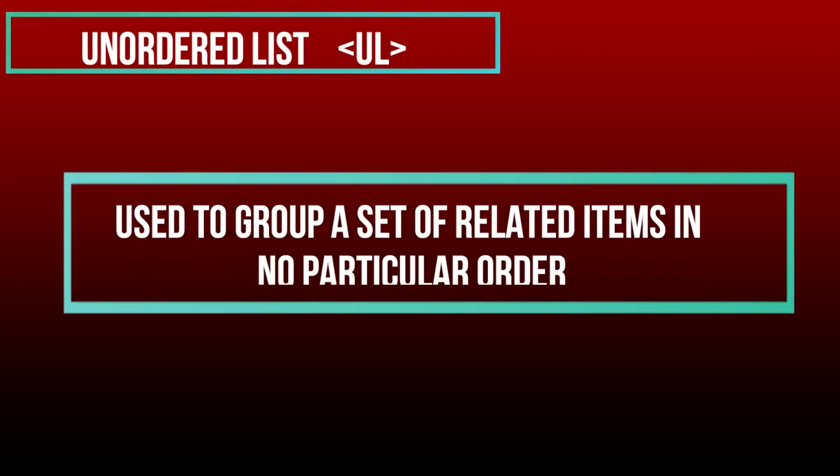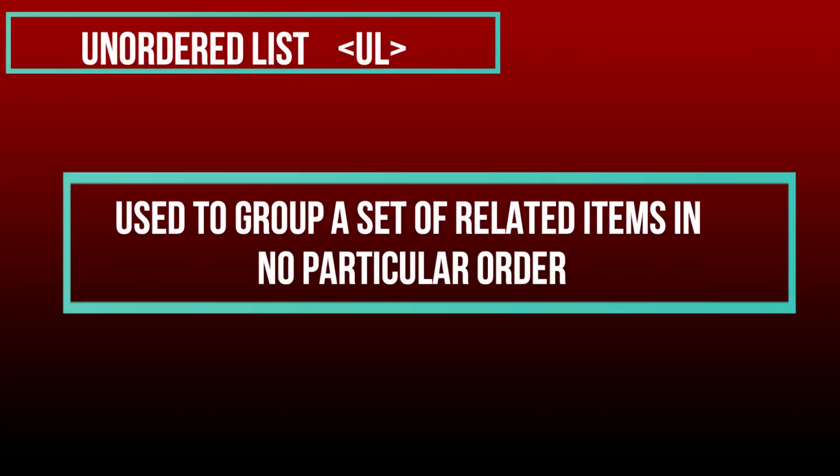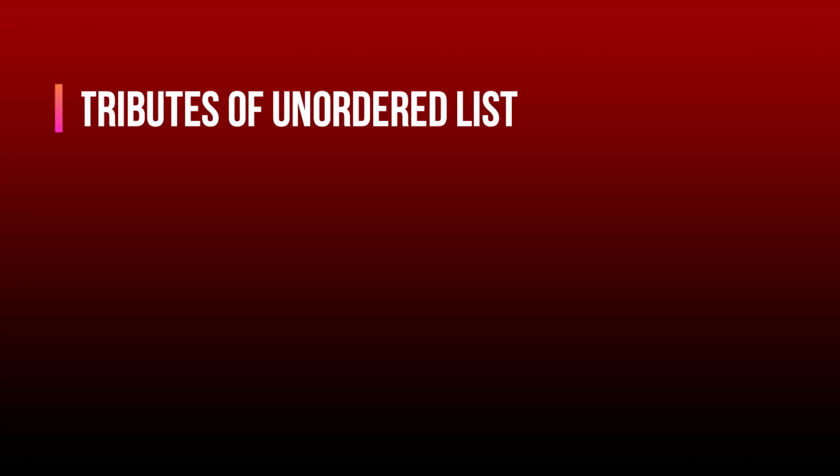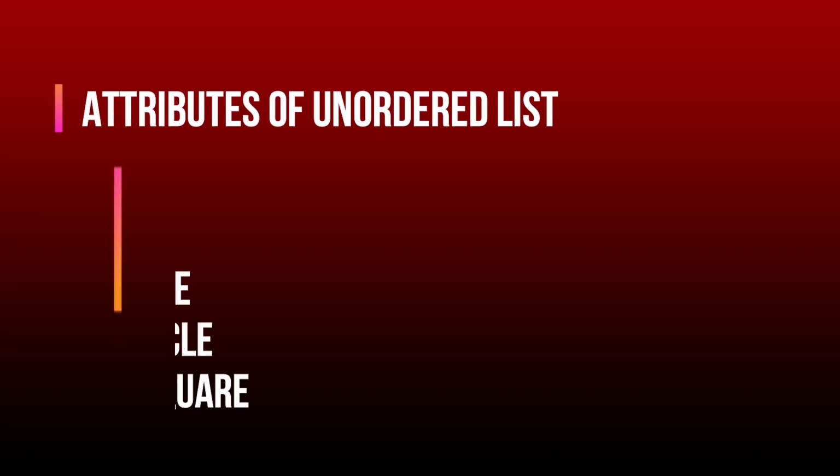Okay. Now let me discuss the first type of list, that is known as the unordered list. An unordered list is a group or a set of information or items that do not have a particular order. The attribute of unordered list is type. It has only one attribute.